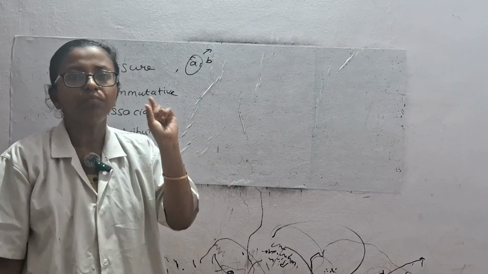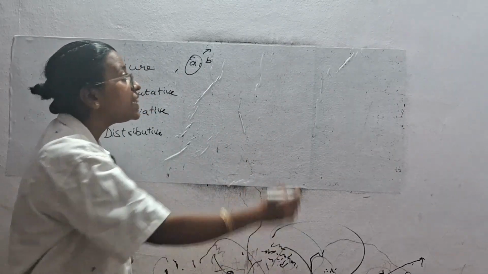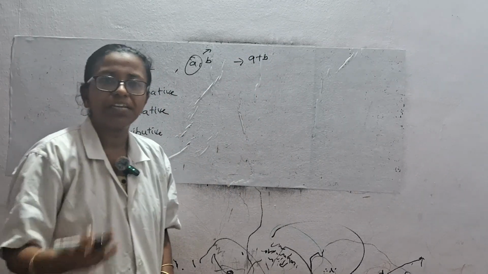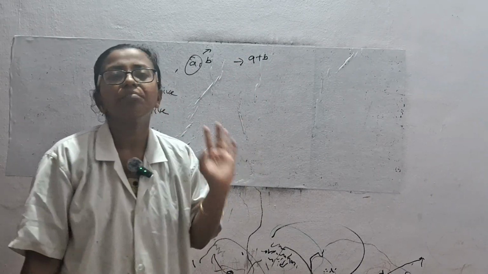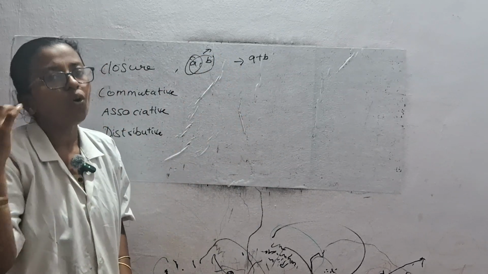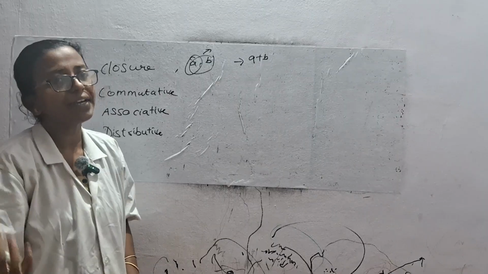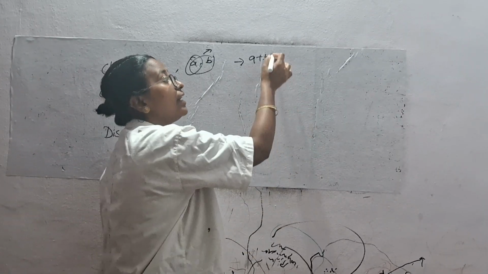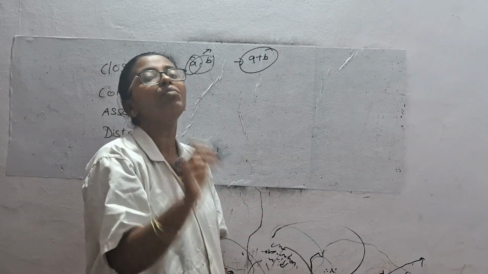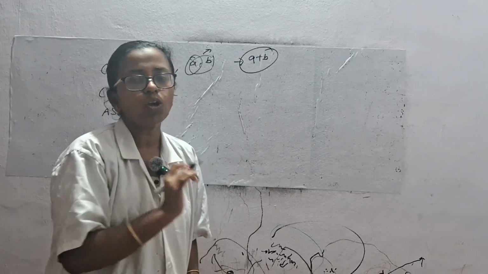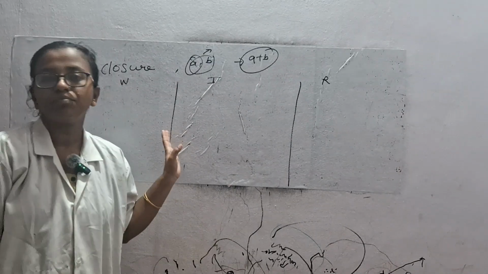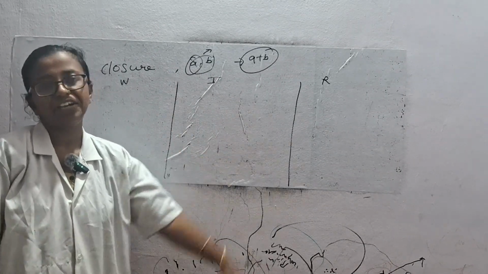If A, B belong to whole numbers, then for addition, multiplication, subtraction, division, the result also belongs to that set of numbers. We can say that A plus B, and multiplication, also belongs to that number. This is called closure.